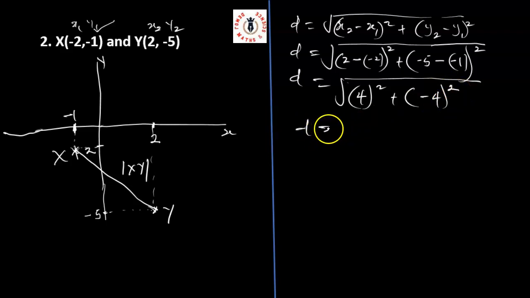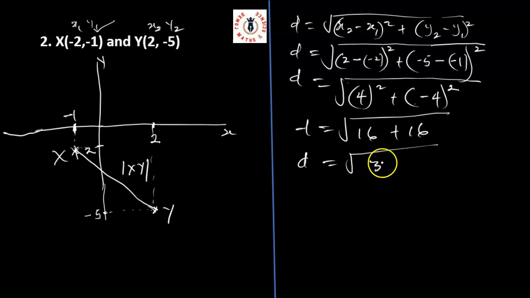Now, d becomes the square root of 4 squared, that's 16, plus minus 4 squared, minus times minus is plus, and the square of 4 this time again is 16. So d is equal to the square root of 32. And the square root of 32 is 4 root 2.